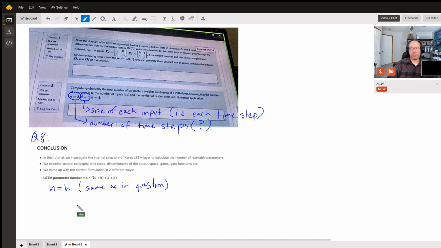And here I think the X, if I'm understanding the terminology right, so that's the size of each time step's input.